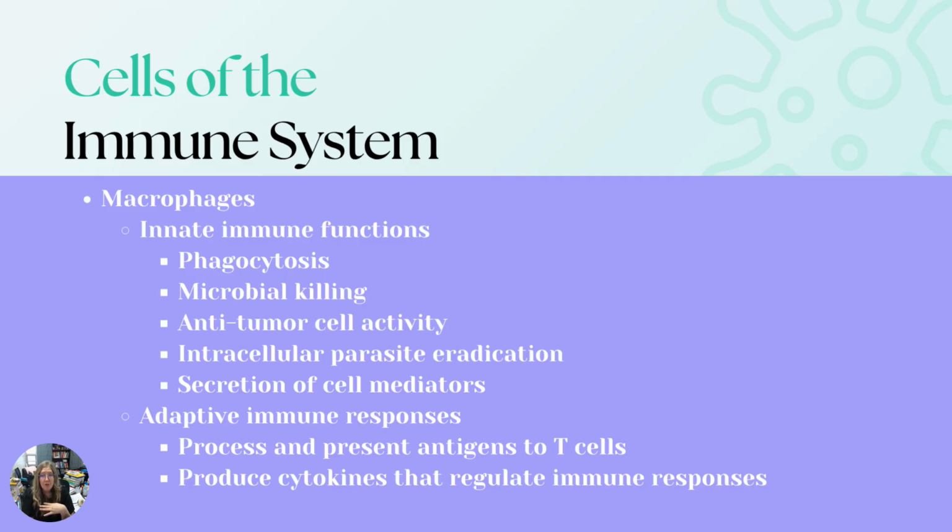But they can also process antigen and present it to T cells. So macrophage can essentially go from I found something and ate it to now I'm going to show the adaptive immune system what I found. That's one of our bridges between the innate and adaptive immunity.